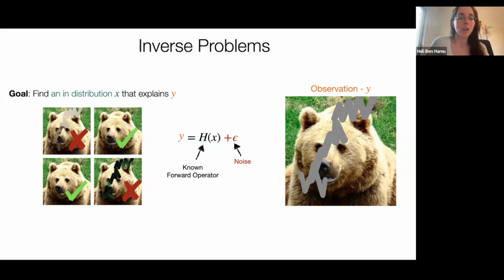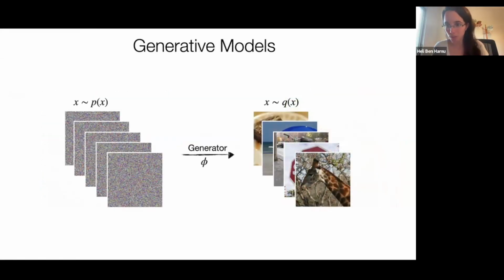So now the question is, how do we take this in-distribution notion and define it mathematically? This is the part where generative models come in, which are the main tool that we use today to model distributions of some data types.